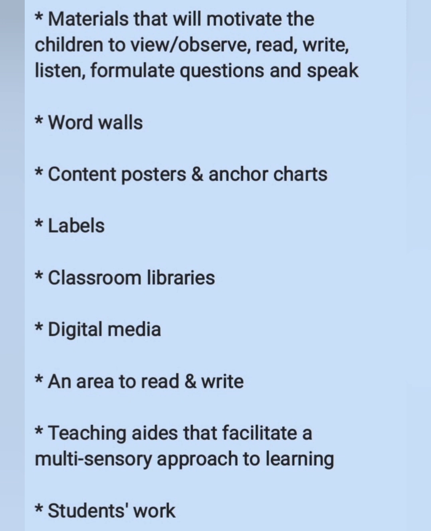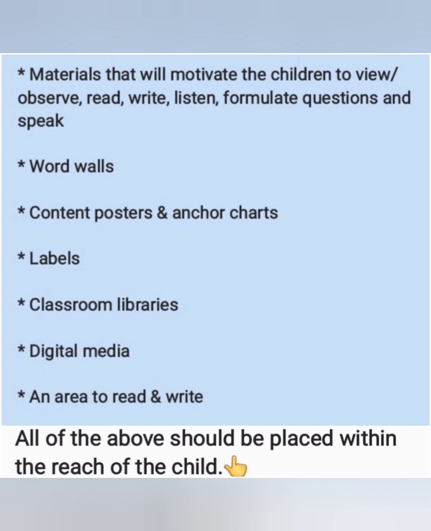We looked at a few things in the learning environment that can be used to enrich the entire literacy experience. We highlighted the fact that the following should be placed within the reach of the child.